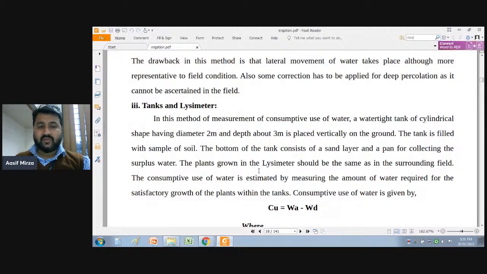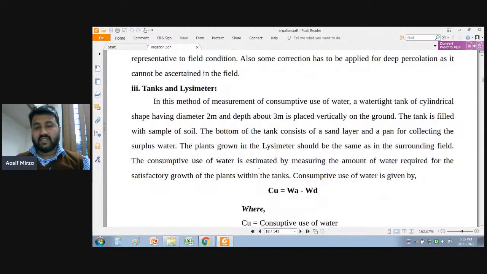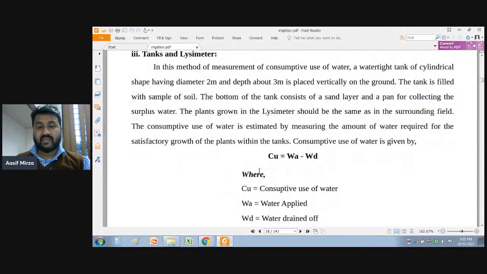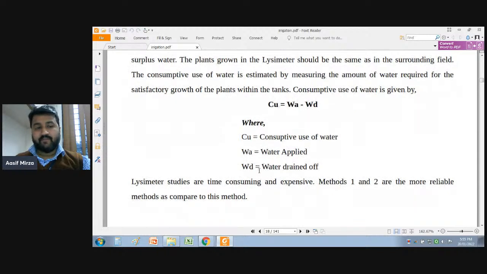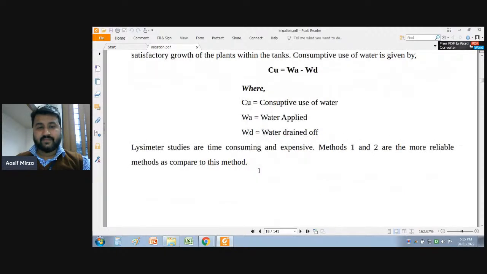The consumptive use of water is estimated by measuring the amount of water required for the satisfactory growth of the plants within the tank. The consumptive use is given by Cu equals Wa minus Wd, where Cu is the consumptive use of water, Wa is water applied, and Wd is water drained off. Lysimeter studies are time consuming and expensive. Methods 1 and 2 are more reliable as compared to the other methods.